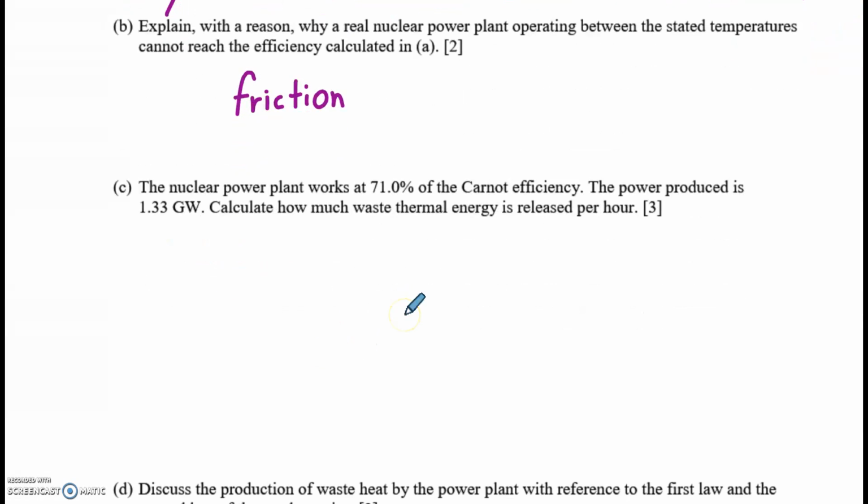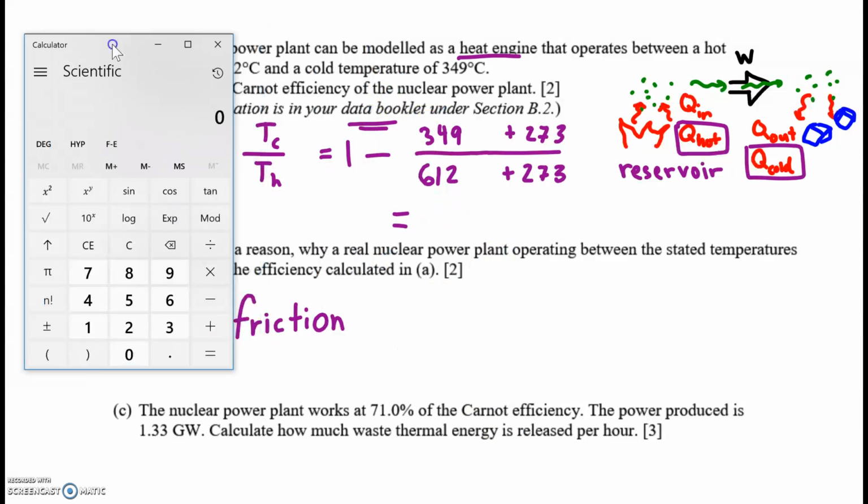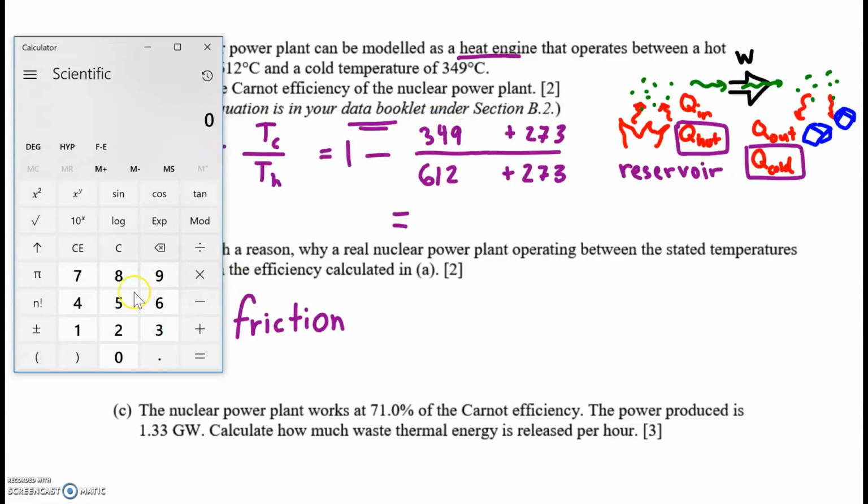Okay, the power plant works, and by the way, if you do this calculation, what do we get? This is going to be 349 plus 273, over 612 plus 273, equals... oh, I'm doing it backwards.